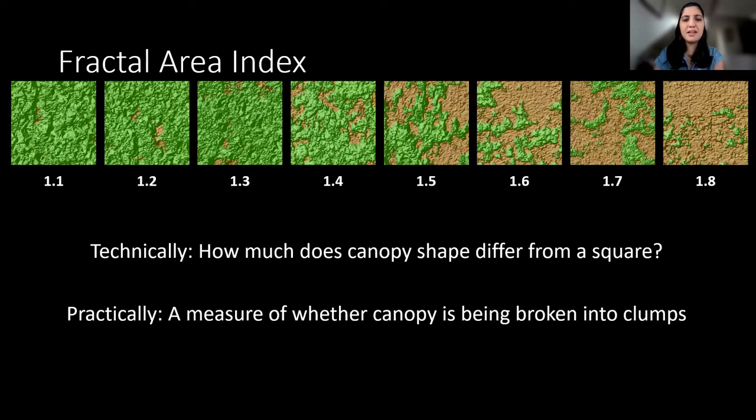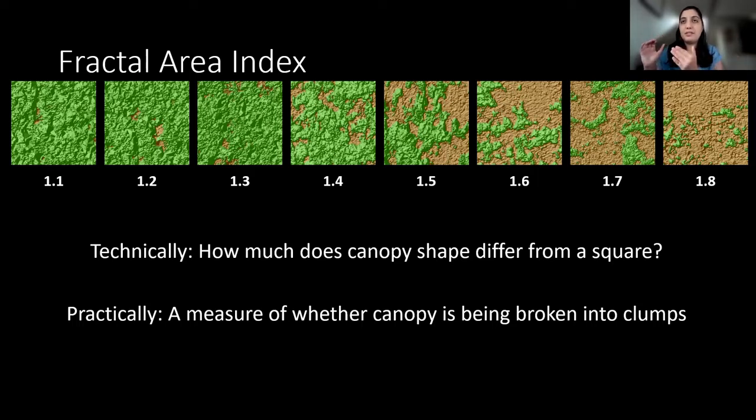And the way that we decided to go ahead and measure this was using the fractal area index, which is a landscape ecology metric. I won't get into the math of it now, but basically all you need to know is that it can range from between 1 and 2, and it functionally tells you how much the canopy is being broken up. So if you've got a value of 1 here over on the left, it means that in this case, let's say a given pixel is fully covered by canopy, it's pretty intact.